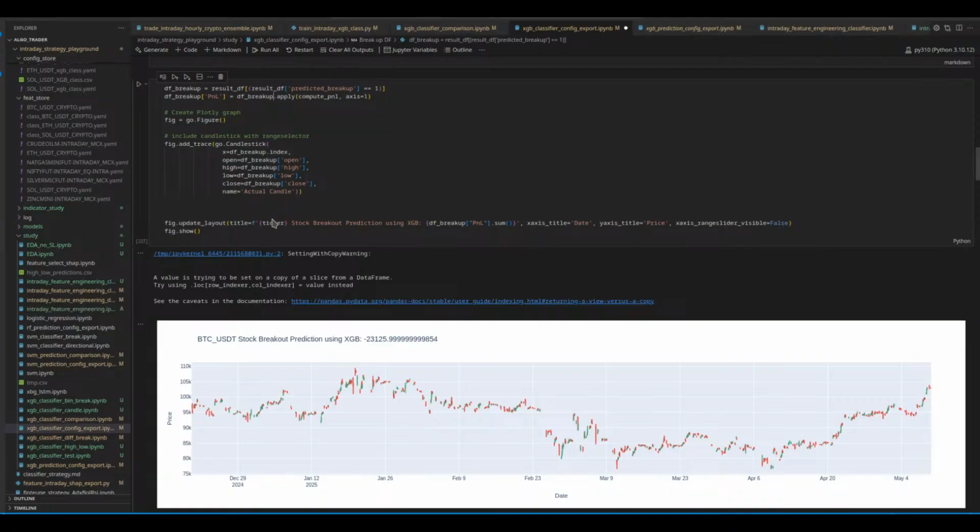Earlier, I tried a few simple approaches, like to predict if it would be a green candle or red candle.